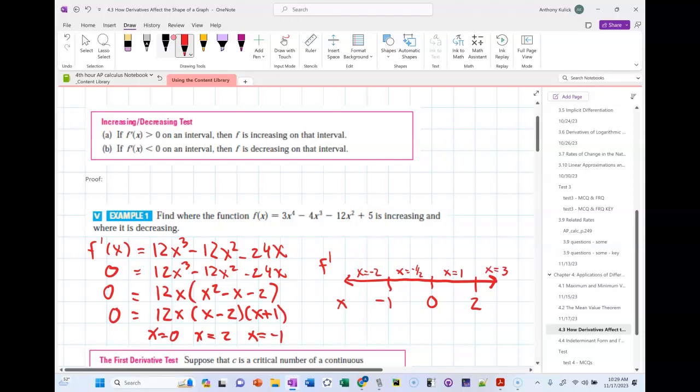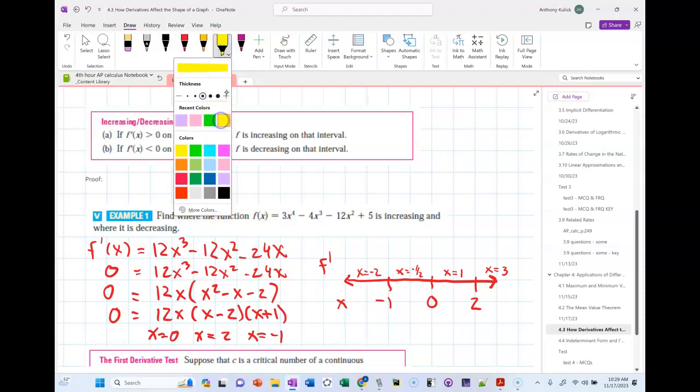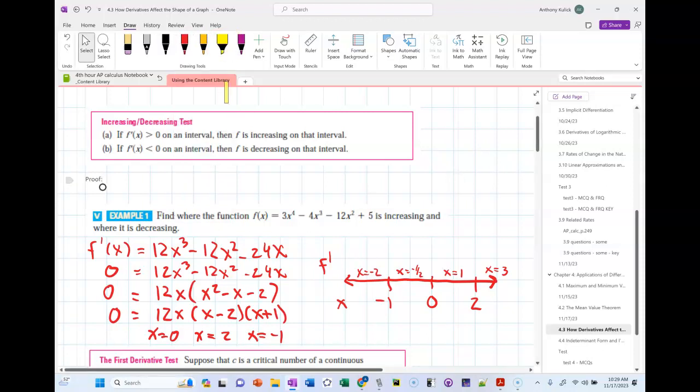And I'm going to plug that into f prime to see if I get a positive or negative value. Now, I'm not actually going to plug anything in and evaluate this. I'm just going to say take -2 and plug it into each piece. I just look at whether each piece is going to be positive or negative, right?